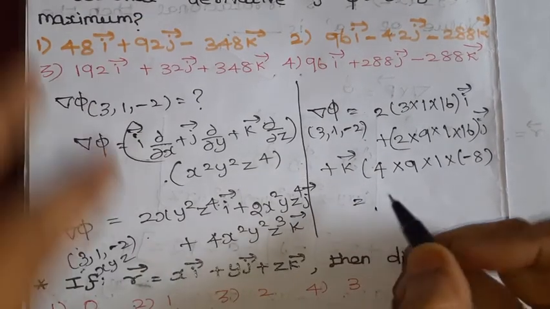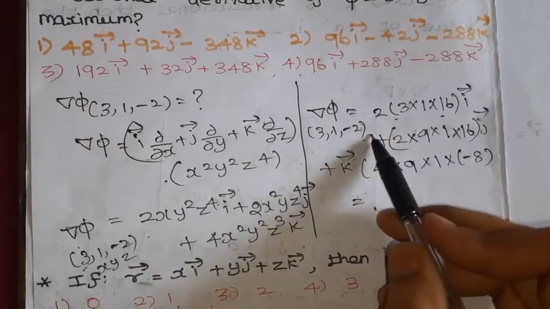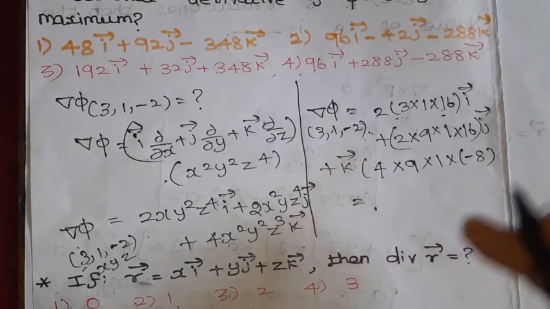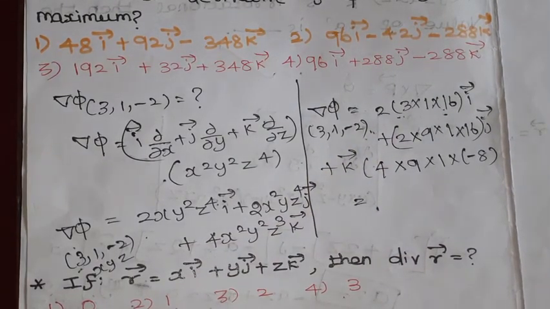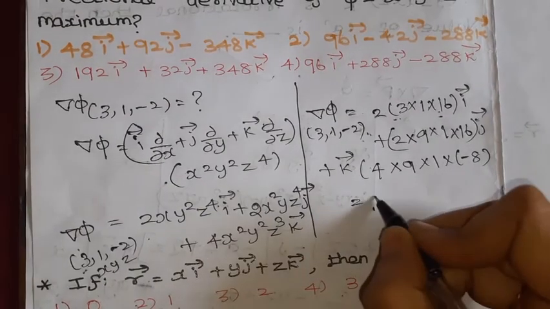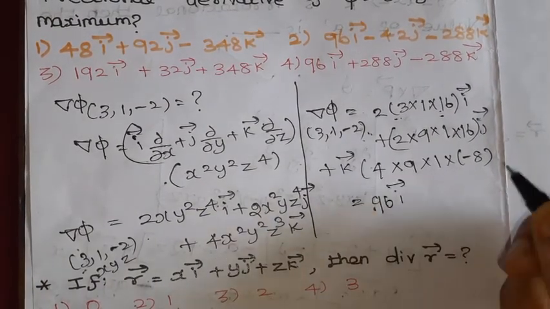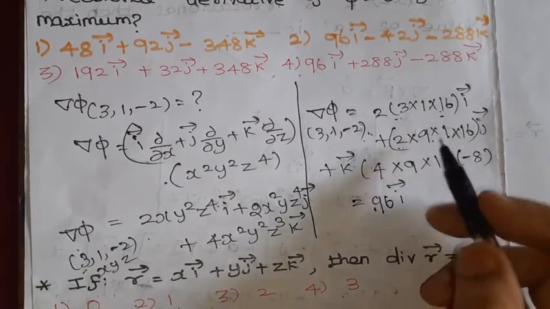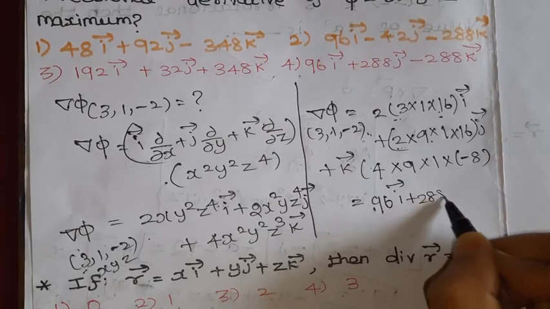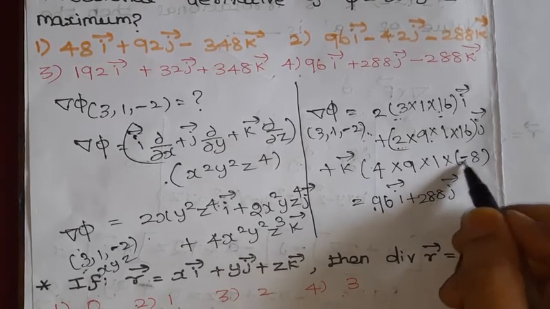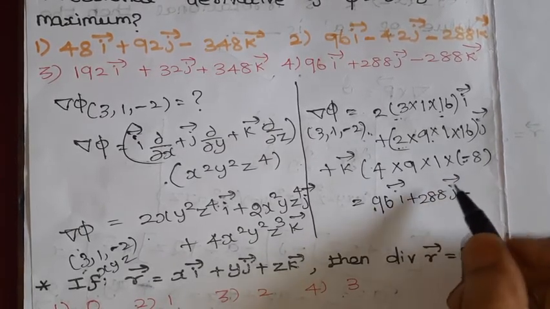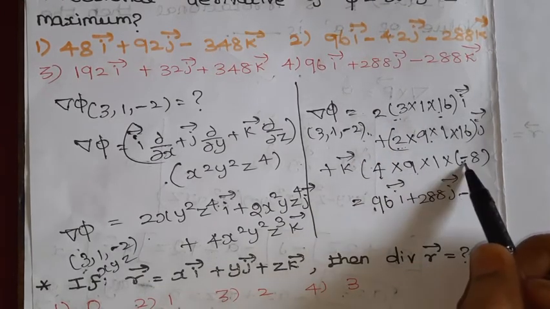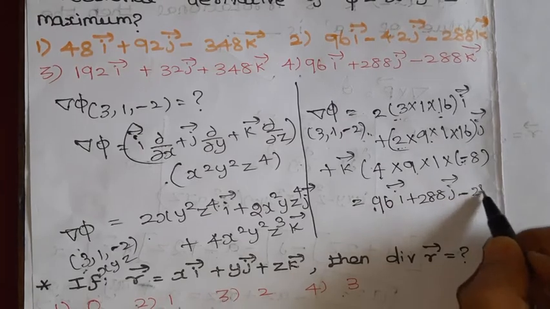By simplifying, 16 into 3 is 48, 48 into 2 is 96, so 96 i vector. Then 18 into 16 is 288, j, this is minus sign, don't forget the minus. Then 36 into 8 gives again 288 k.